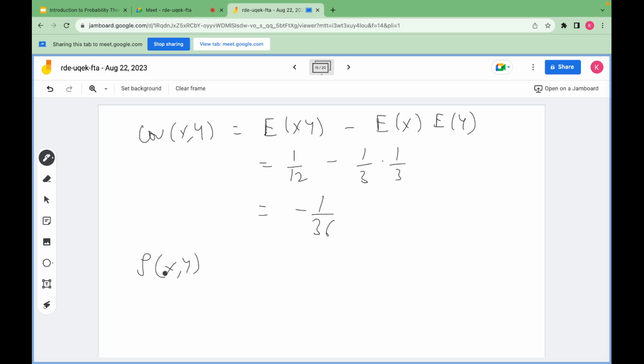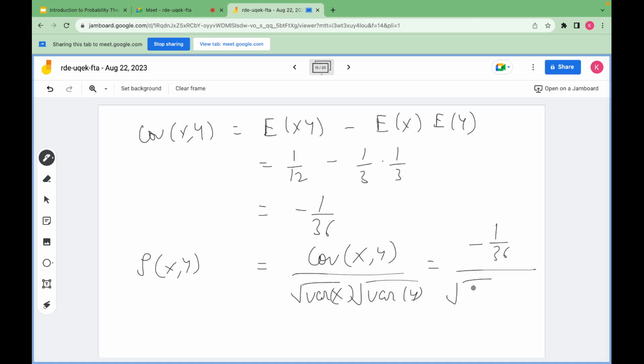And this correlation will be covariance of x comma y divided by root of variance of x into variance of y. Covariance is minus 1 by 36. The denominator is root 1 by 18 and root 1 by 18.